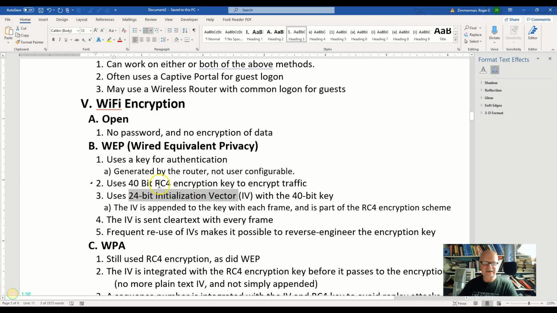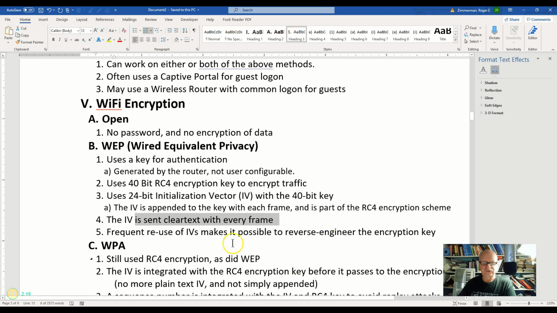It's concatenated with the 40-bit encryption key. So you've got a number, and then attached to it, or concatenated to it, is the encryption key, which is that series of letters and numbers that this thing generated for you. This IV is not only appended, but it is sent in clear text.